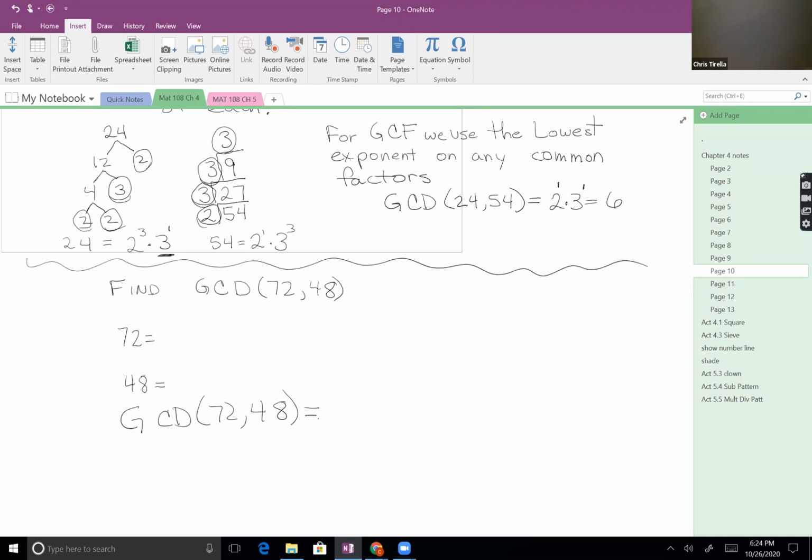How's it going? Does anybody have the prime power factorization of 72? Did anybody make a factor tree for 72 and list its factors with exponents?